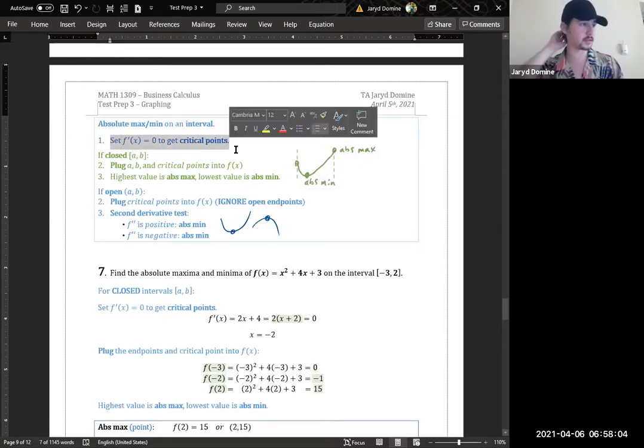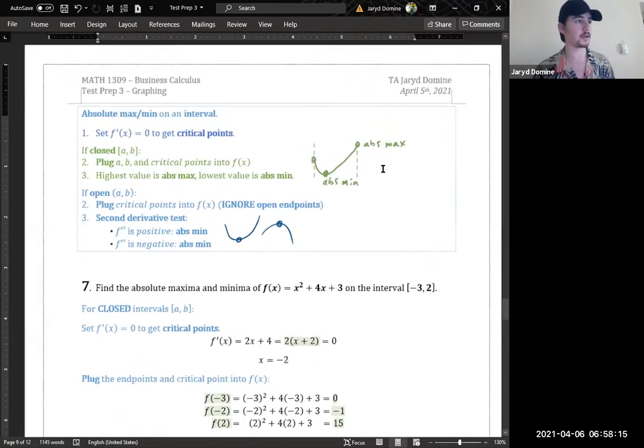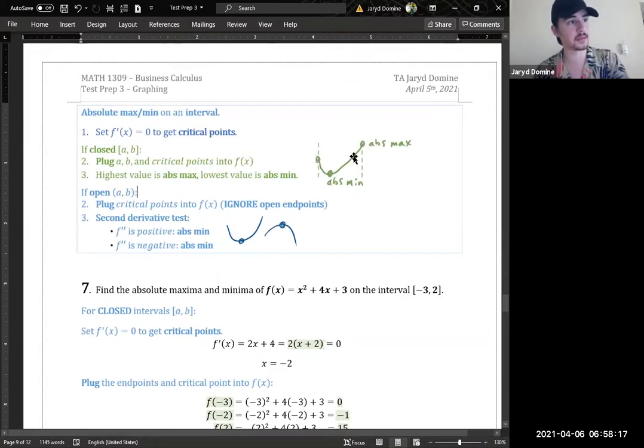And then you have 2 different things to consider. Okay, if your interval is closed, you need to test it at 3 different points. So the endpoints and any critical points that there are. So I've kind of drawn a picture here. So you see these 3 different points.